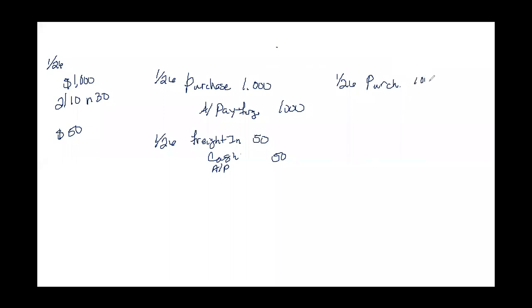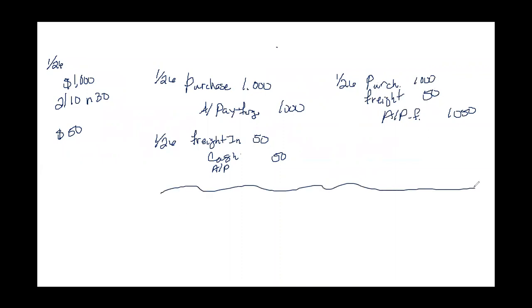So we have a purchase of 1,000, we've got freight of 50, and we have accounts payable for Ferguson of 1,050. So those are the ways you can have it. Either you separate it out because you pay the freight company individually, or it's all in one journal entry.